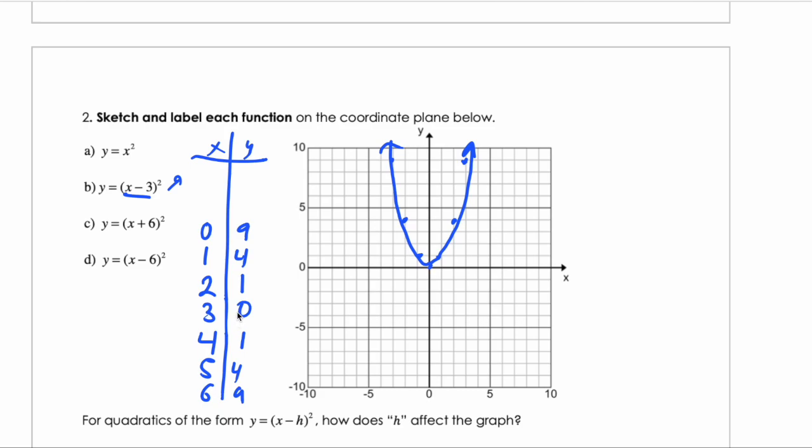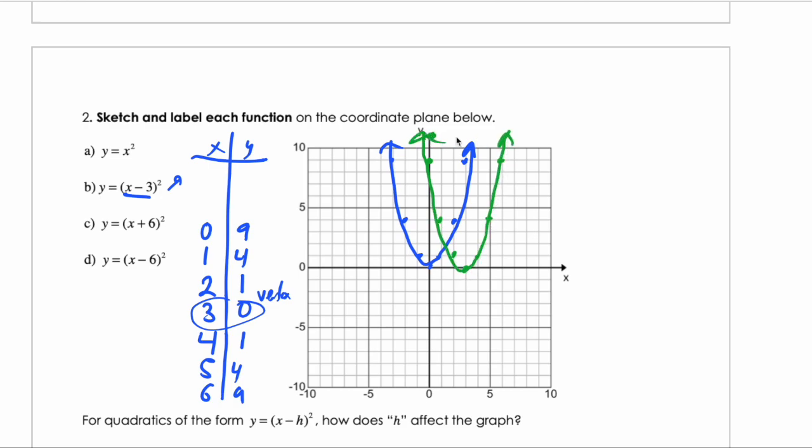Okay? So this is the center, this is the vertex, because the symmetry happens to the left and the right of that, right? So I'm going to graph that. Now the vertex is at 3, 0, and you're going to have the same kind of graph happening right here. This should be up at 9. So actually the y-intercept is 9.